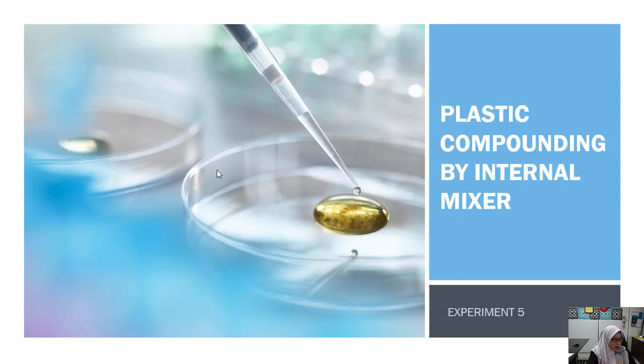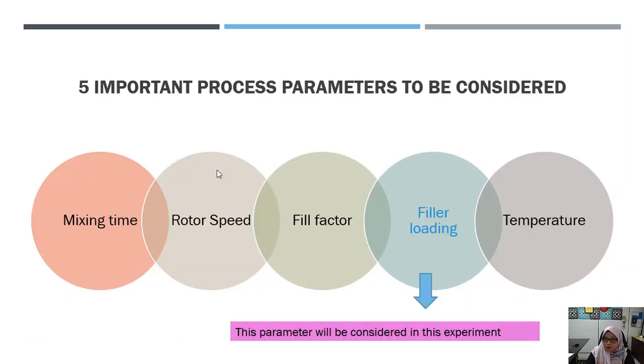So today we will have EBP418 and I will briefly introduce to you experiment 5, which is plastic compounding by internal mixer. Usually there are 5 important process parameters to be considered in plastic compounding using an internal mixer.